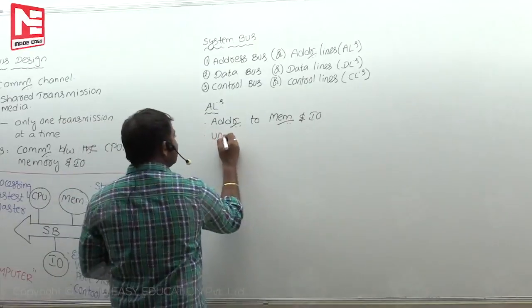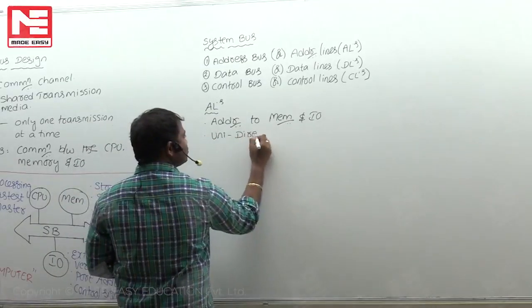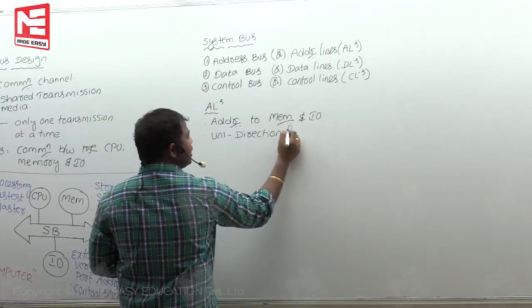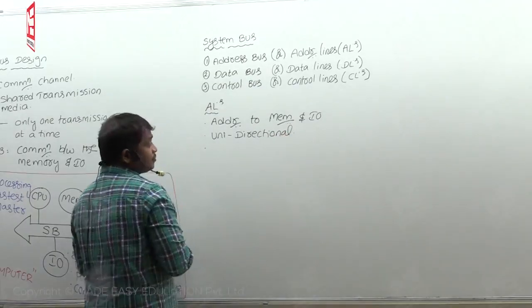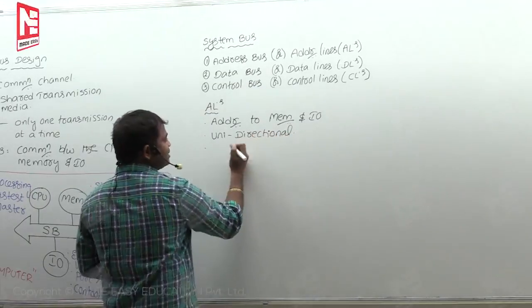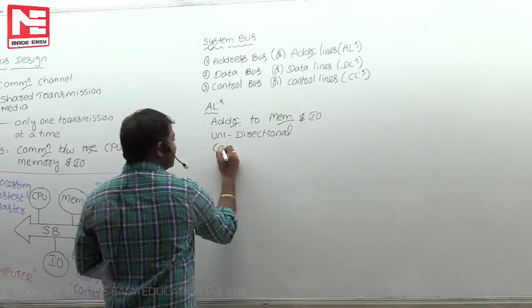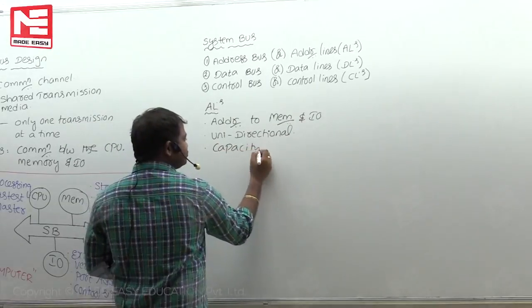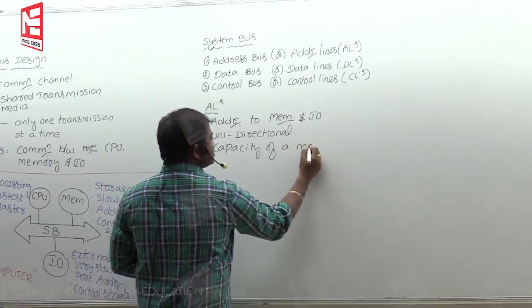So address lines are unidirectional. Okay. Address lines are used to measure the capacity of a memory system.